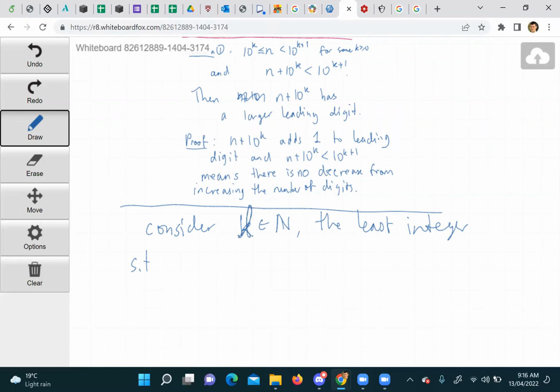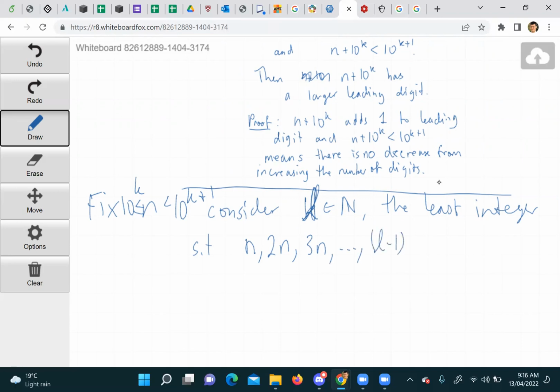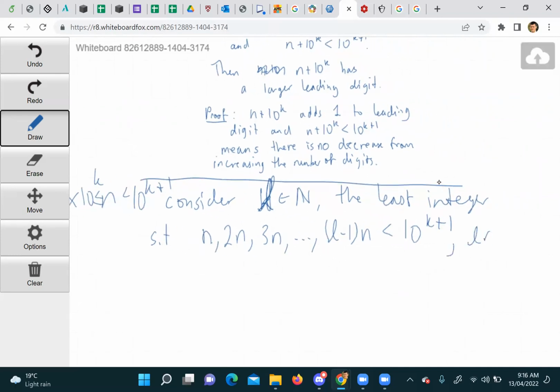So we fix n greater than or equal to 10 to the k and less than 10 to the k plus 1. Consider l the least integer such that n, 2n, 3n up to (l minus 1)n is less than 10 to the k plus 1, and ln is greater than or equal to 10 to the k plus 1.